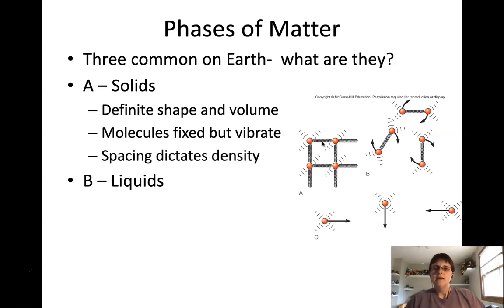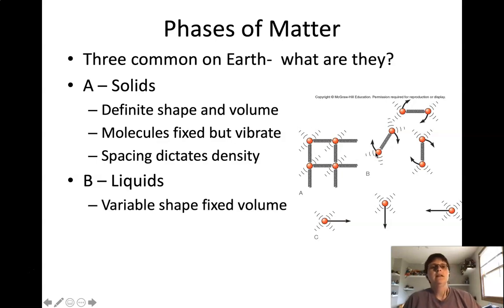The next phase is a liquid, and liquids are pictured over here, B. These do have bonds between them, but they have a variable shape and a fixed volume. Fixed volume because they're still bound together, so they still have to stay packed, but they have a variable shape because they do have space in between them, so they can move around.